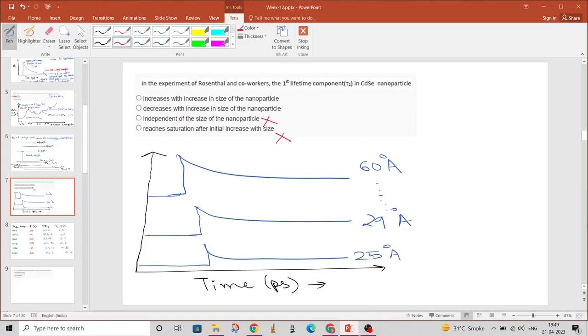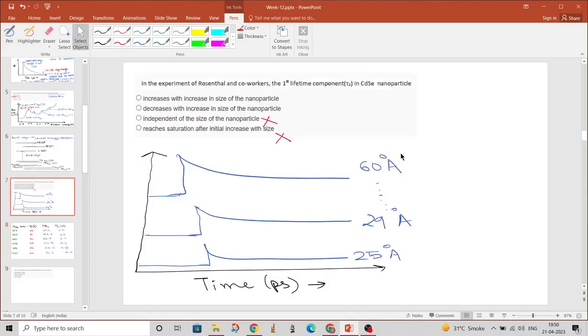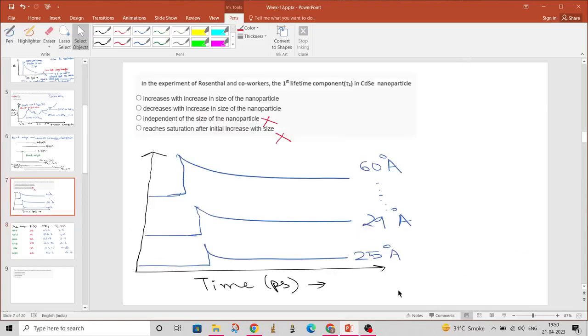Now the first lifetime component, it increases or decreases. The component is decreasing, the lifetime is increasing. So it is asking about the first lifetime component, the amplitude. So the amplitude decreases.